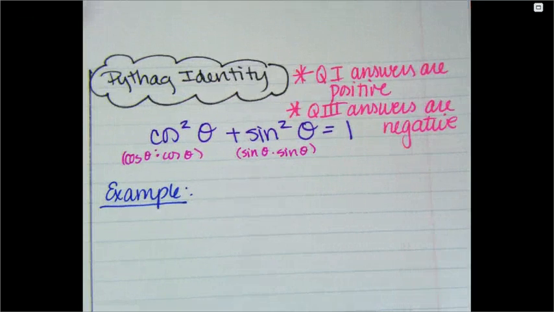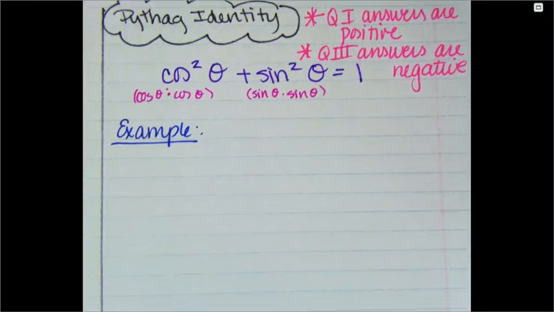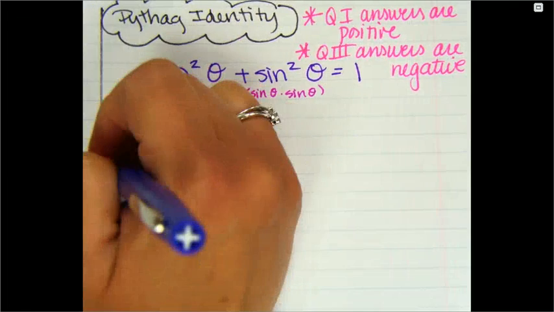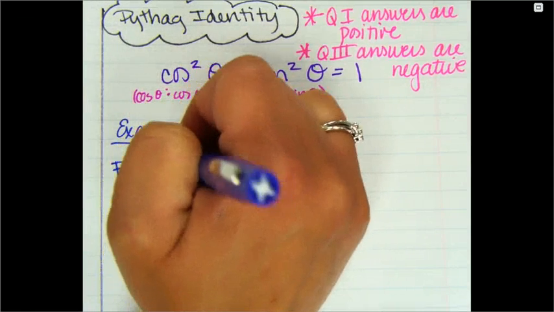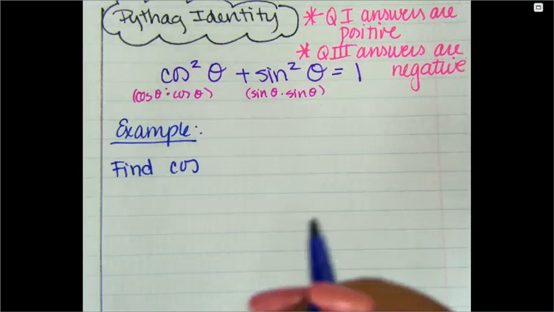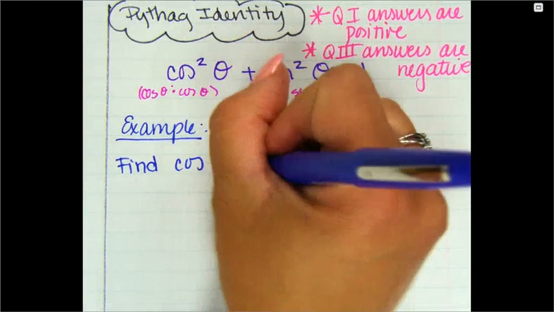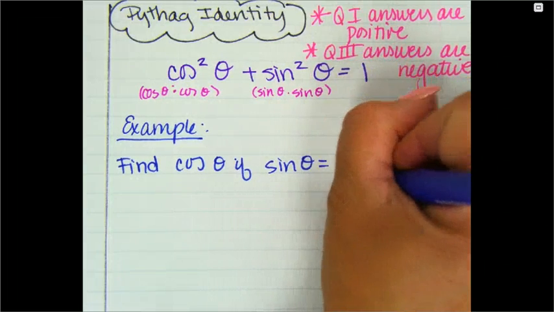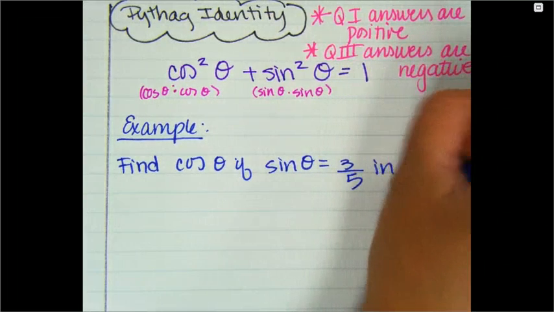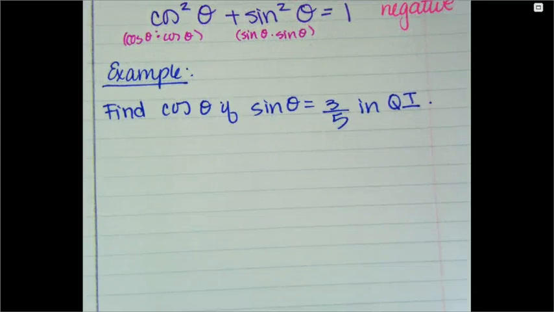Questions? All right, let's do this. Our example says to find cosine theta if sine theta is 3 over 5 in quadrant 1.